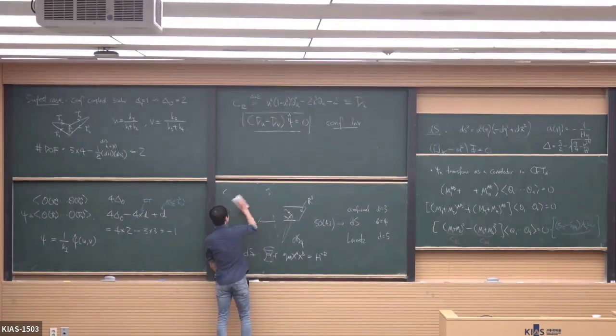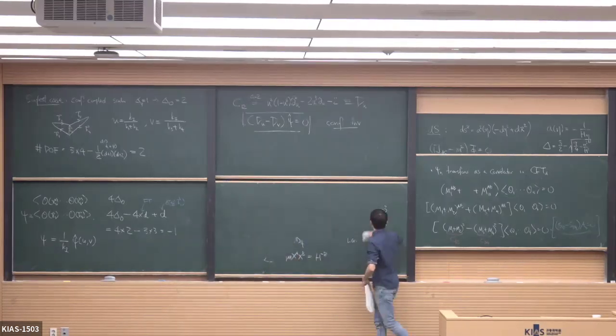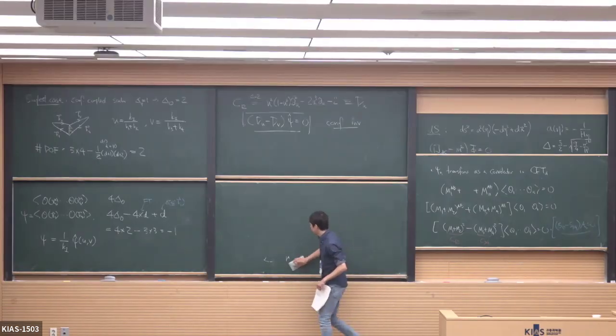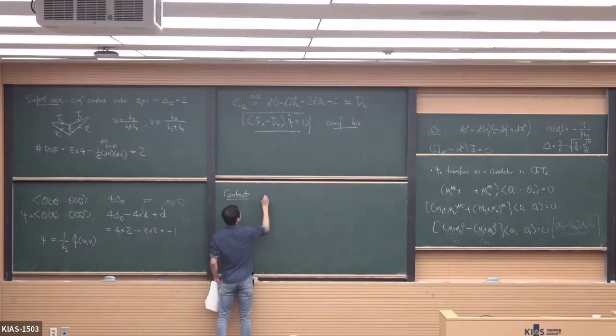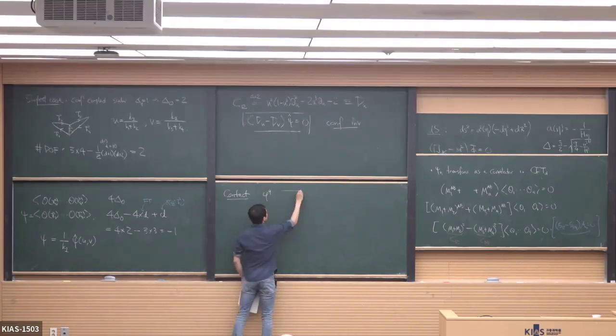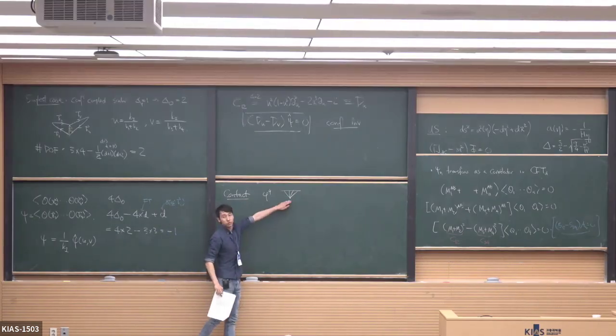So let's try to do that for simple tree-level processes. We will start with contact interactions, like phi to the 4th. We are imagining that we will be computing the wave function coming from this sort of interaction.